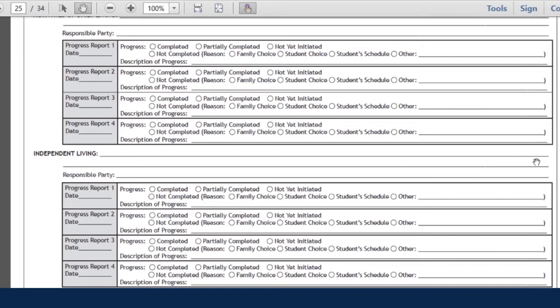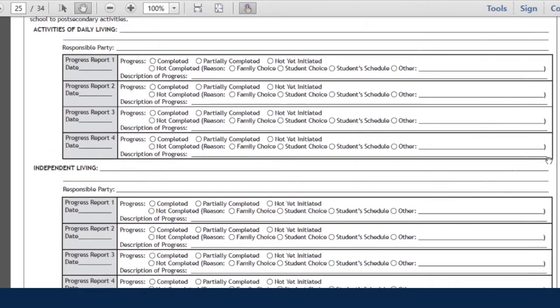Those can also be provided as independent living goals. And in general, youth that are receiving a certificate often get a lot of independent living and transportation goals in their IEP. Sometimes their daily living skills get pretty met for a child with a certificate.